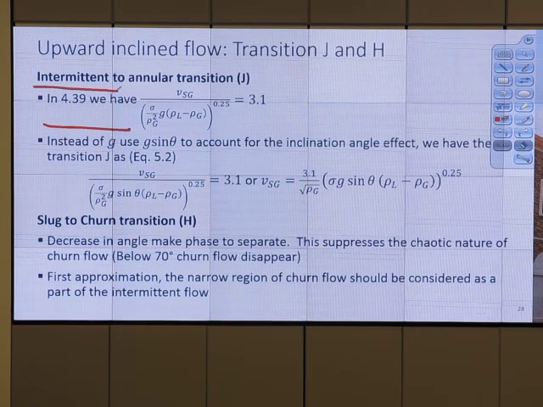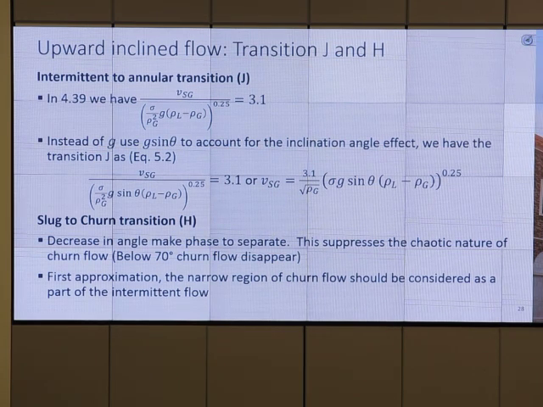Transition J and H. Transition J, previously you used the Turner equation, right? And if you want to, add g sine theta, that will be the unified transition J. But I have to show you a better version of that, right?